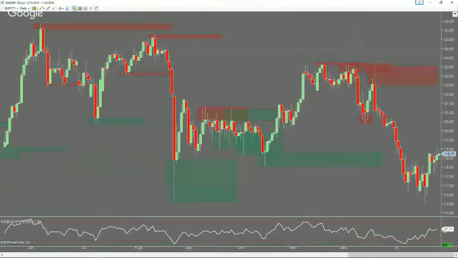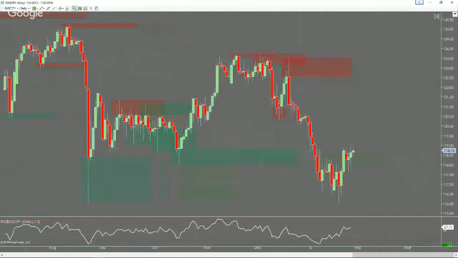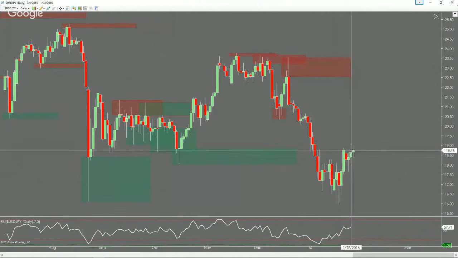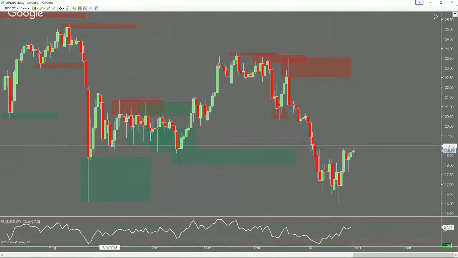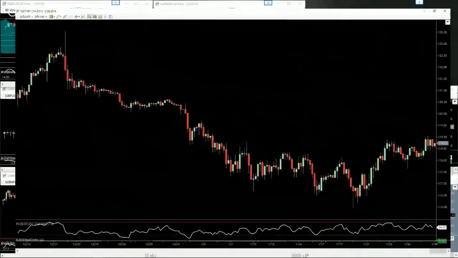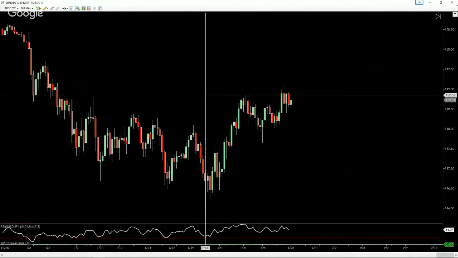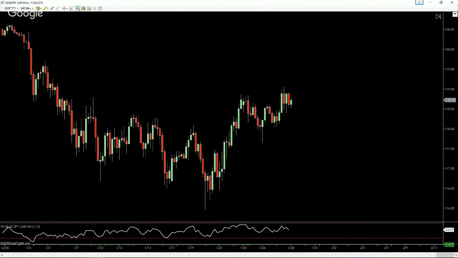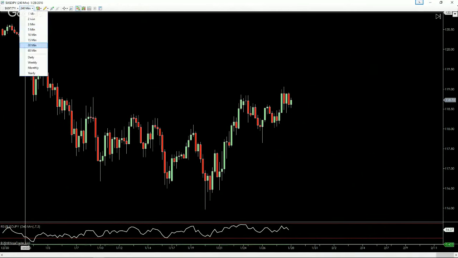Let's go to dollar yen. Looks like price is at that level of structure right here. So let's go down to our 4-hour. Okay, nothing much there.